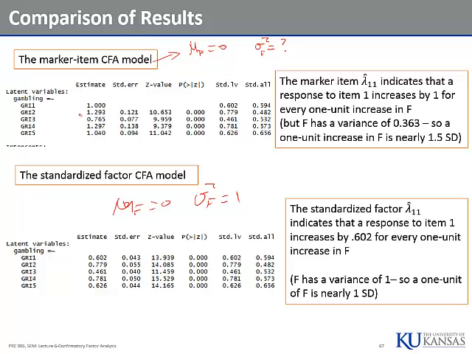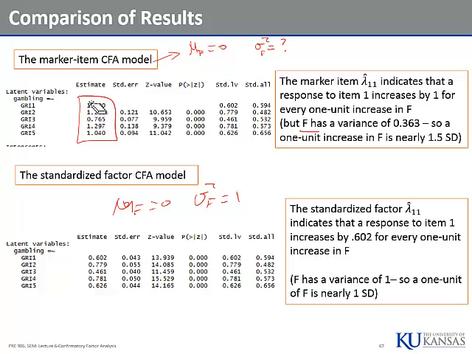If we look at the unstandardized estimate, we would interpret those just as we would in regression. For every 1 unit increase in f, each of the items' scores goes up by lambda points. So that first item, even though we fixed it, we can still interpret it in an unstandardized way: as the factor goes up 1 unit, the response to this item goes up 1.